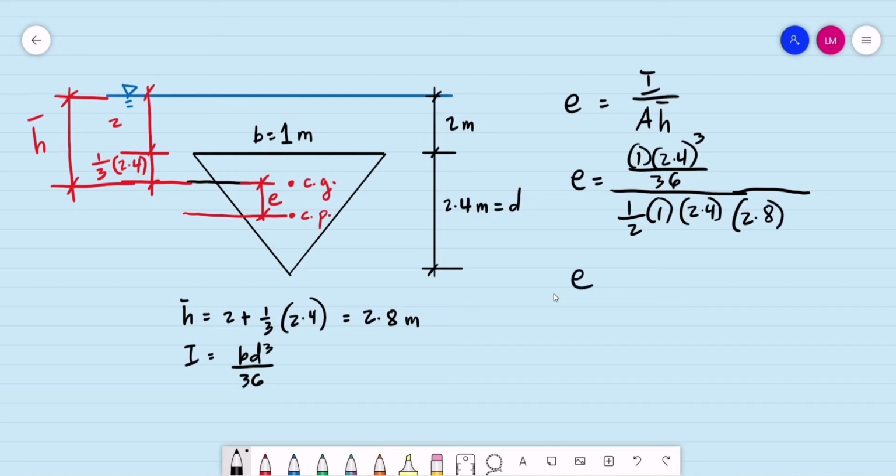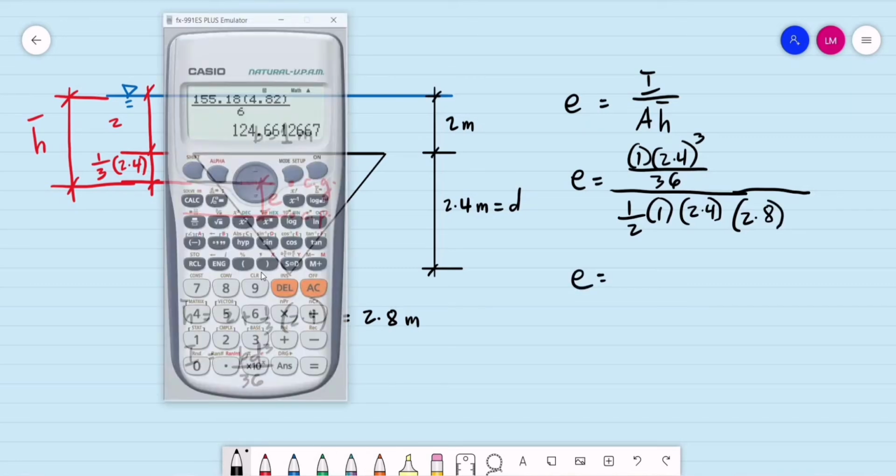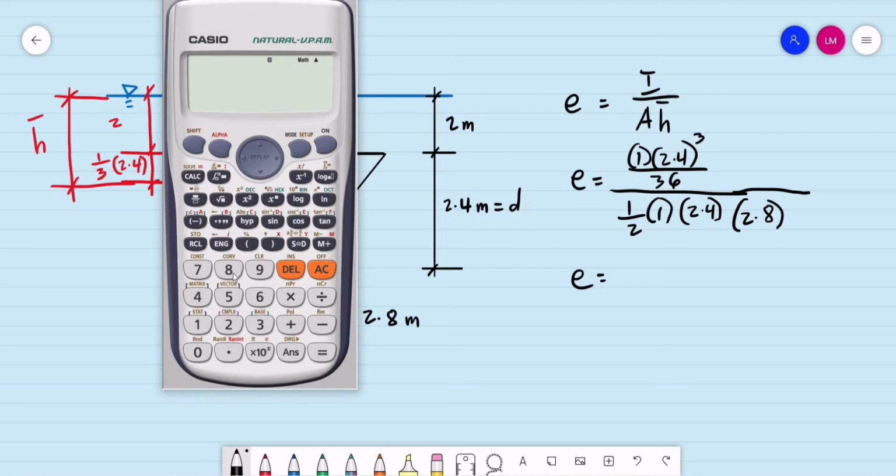By computing for the eccentricity, that is 1 times 2.4 raised to 3. This is divided by 36.